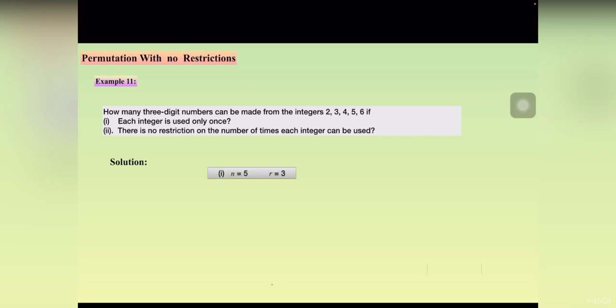Now altogether we have n, where n is 5: 1, 2, 3, 4, 5 integers. And we want to form 3-digit numbers, so therefore r equals 3.